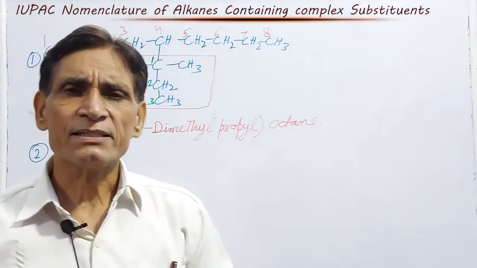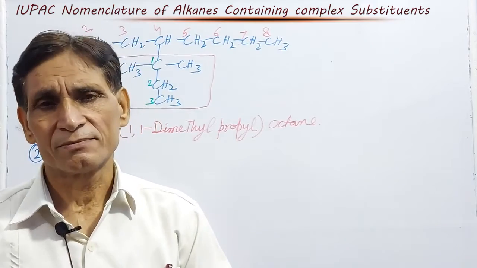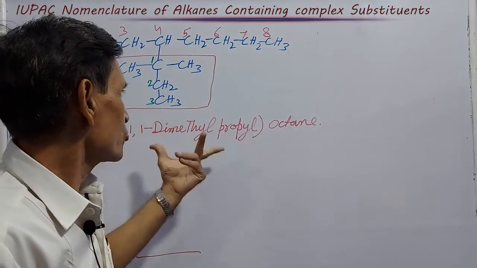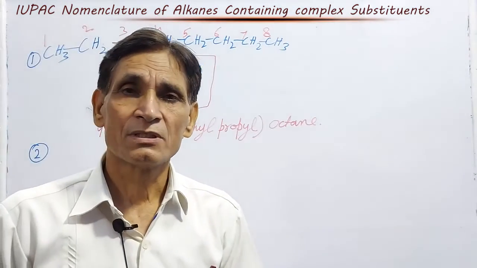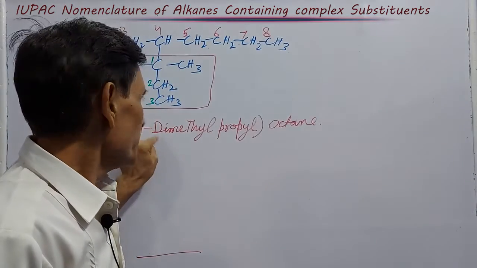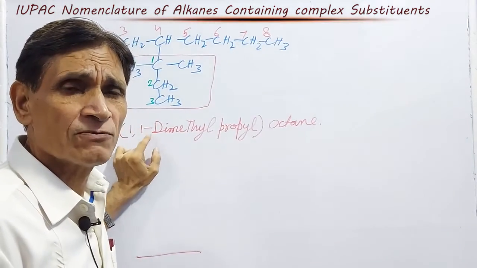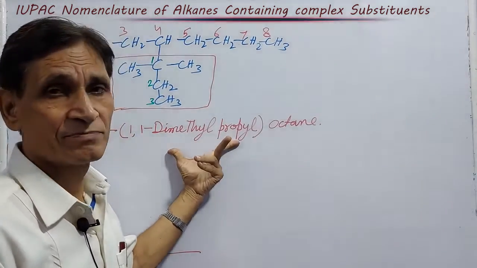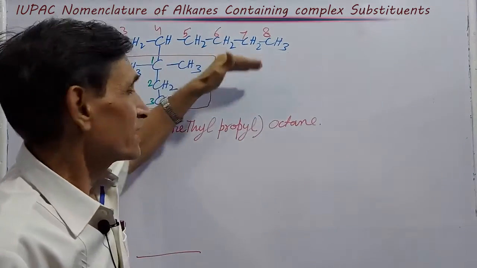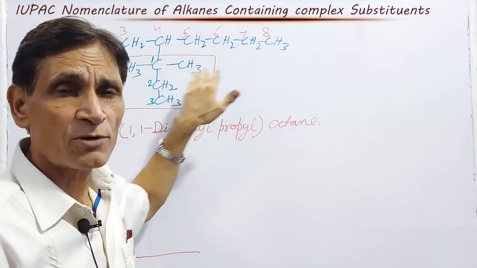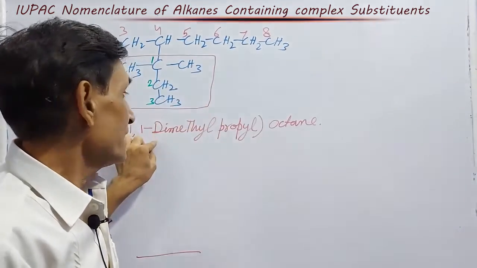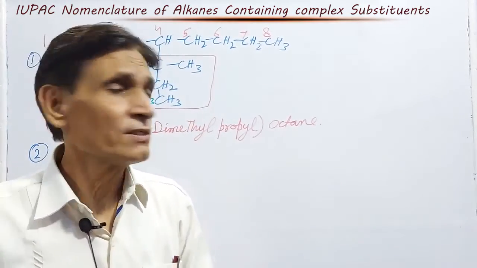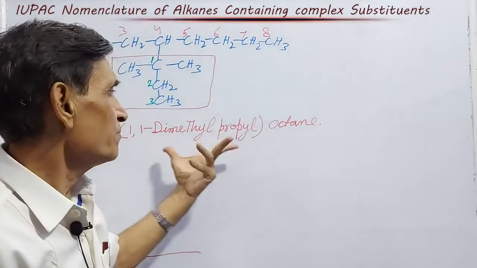Now, while deciding the alphabetical order for writing the IUPAC name, the name of the complex substituent is also considered, beginning with the first letter of its complete name. While deciding the alphabetical order for writing the names of the side chains, the name of the complex substituent is considered to begin with the first letter of its complete name. Remember this.